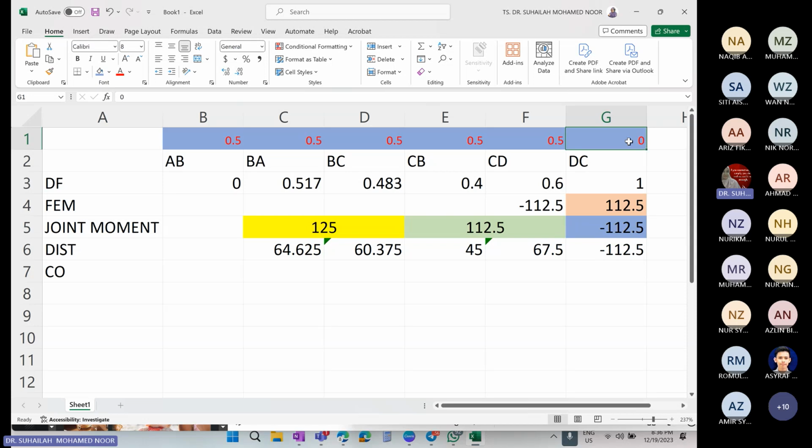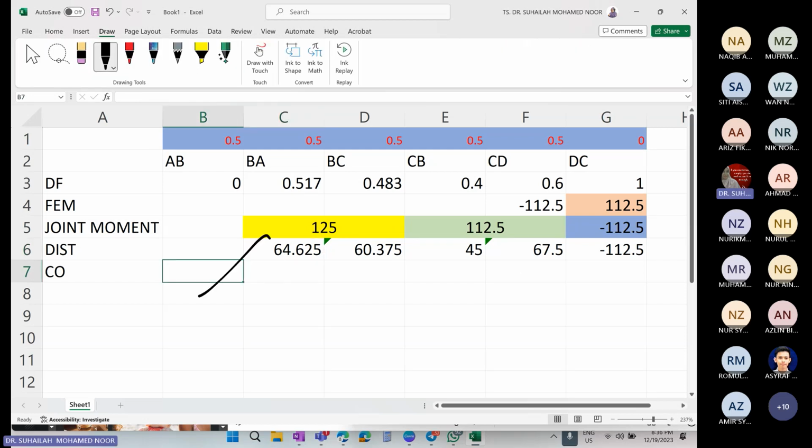For ND, because ND is pin, the factor is 0. The rest are all 0.5. Okay, we have to carry the value to the opposite end. This is 0, because the factor is 0.